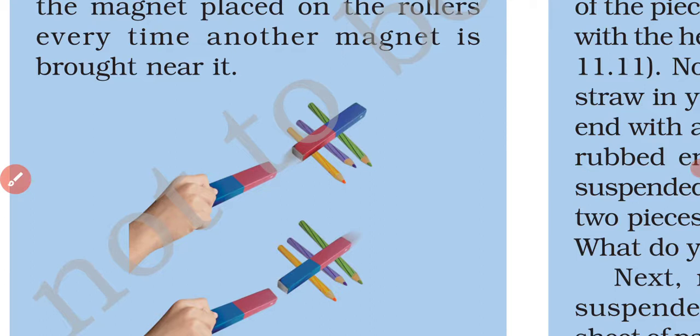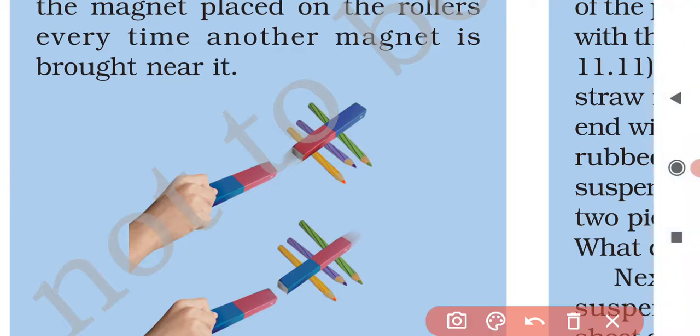Now what happens? You see, the south pole of the bar magnet, which is kept over the pencils, is on the left side. As you can see here, the red color is on which side? Right, the left side.